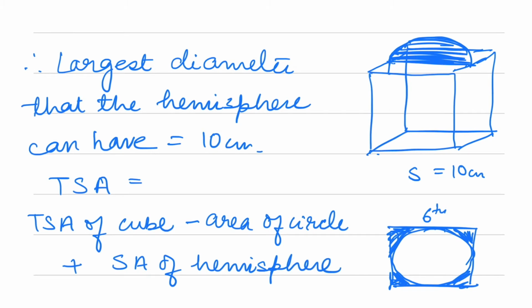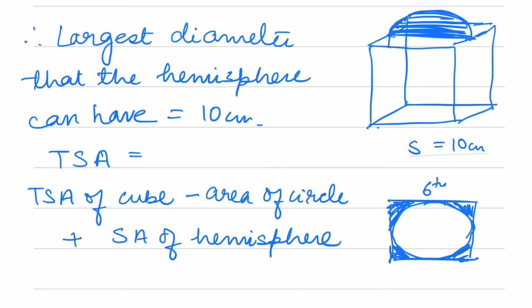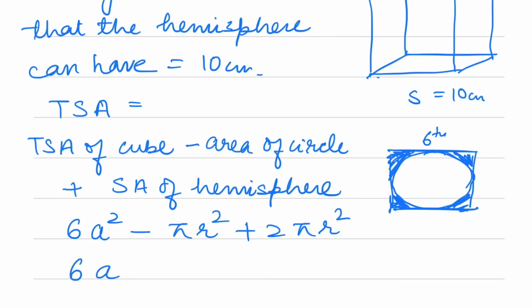Now let's write down the formulae. Total surface area of cube is 6a squared, side squared, minus area of circle is pi r squared, plus surface area of hemisphere is 2 pi r squared. And this would be 6a squared plus pi r squared.